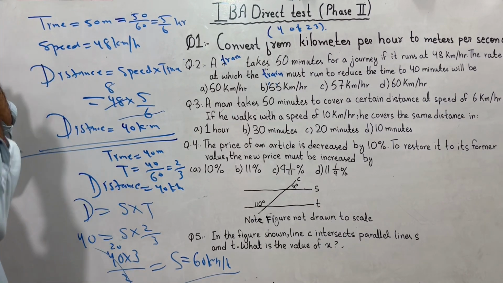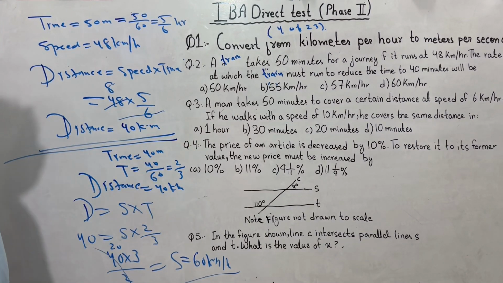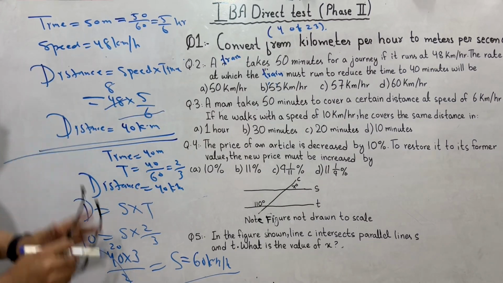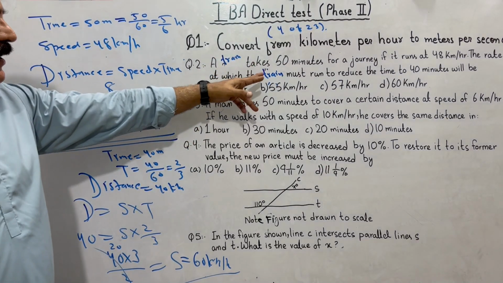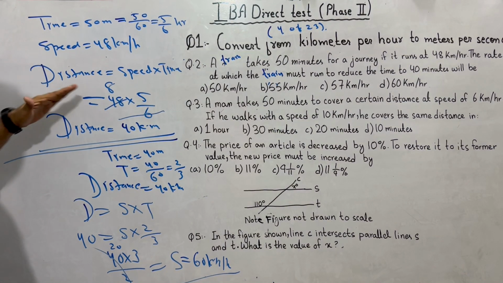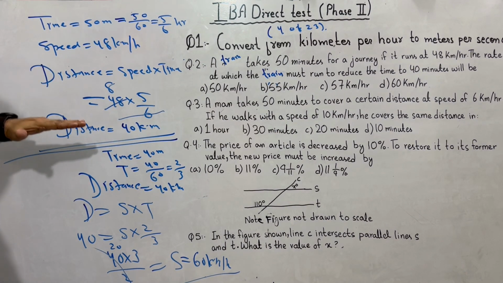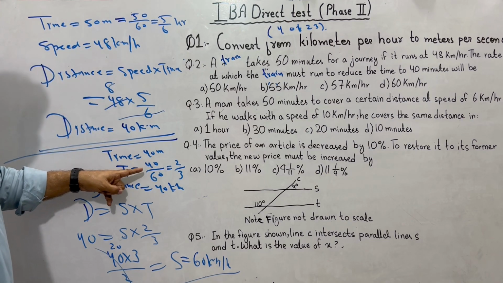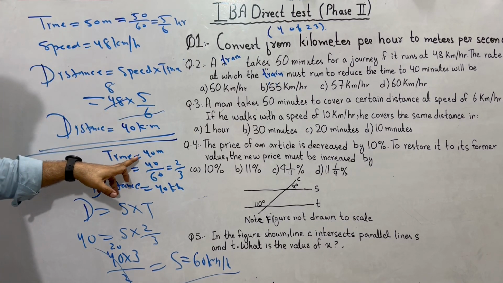Our train was initially running at 48 kilometers per hour for the first 50 minutes. Utilizing these two facts, converting minutes into hours, I have used both time and speed to get the distance. Now the same distance we have to cover, saving 10 minutes, from 50 minutes to 40 minutes.